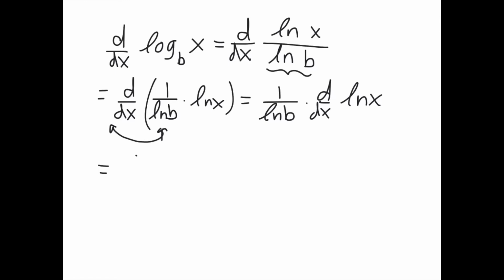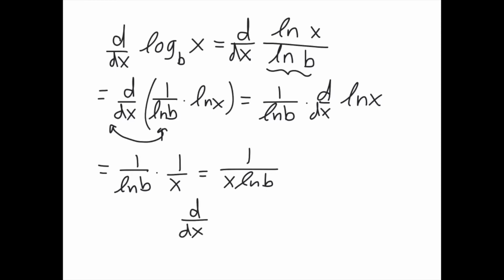It's 1 over x. So our result is 1 over ln b times 1 over x, or 1 over x ln b. So what we end up with for a rule is the derivative of log base b of x is just 1 over x ln b.